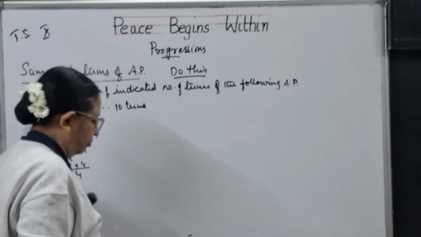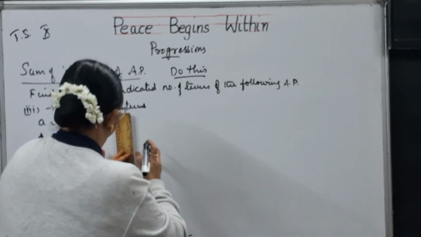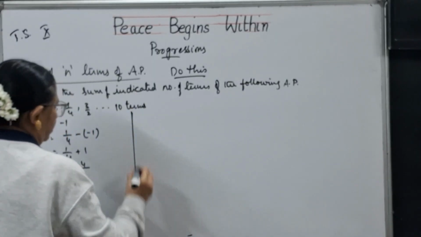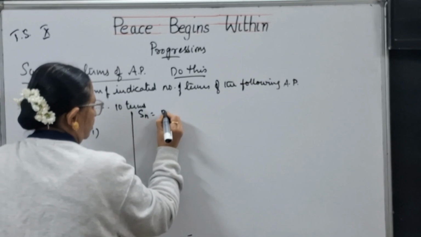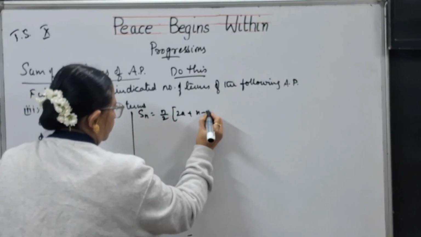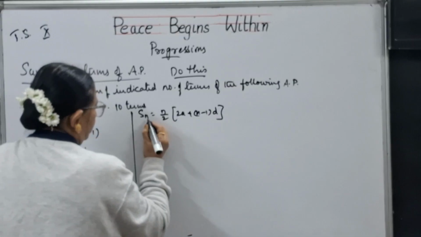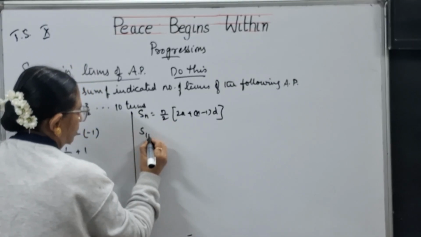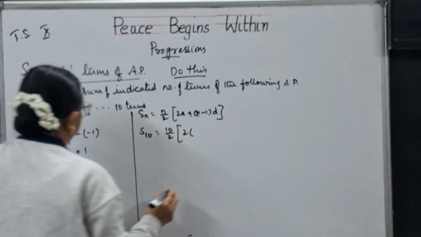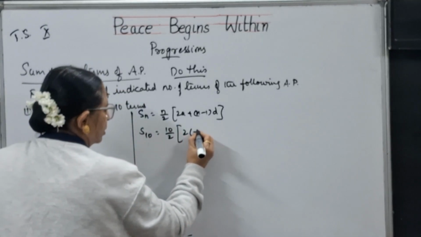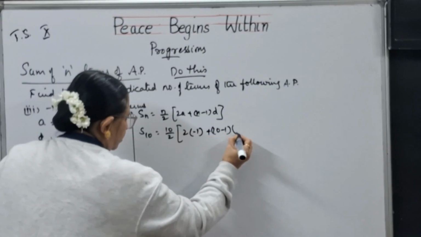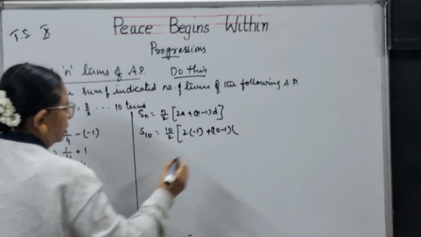So let us go for the formula. Sn is equal to n by 2 into 2A plus n minus 1 into D. Here the sum of 10 terms is equal to 10 by 2 into 2 into A. What is A? Minus 1. Plus N is 10 minus 1 into what is D? 5 by 4.